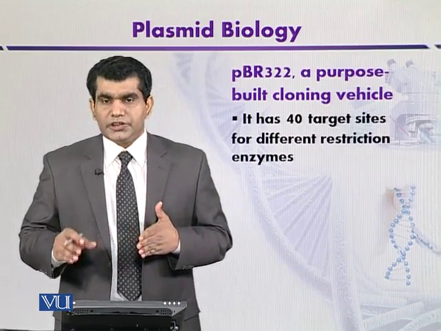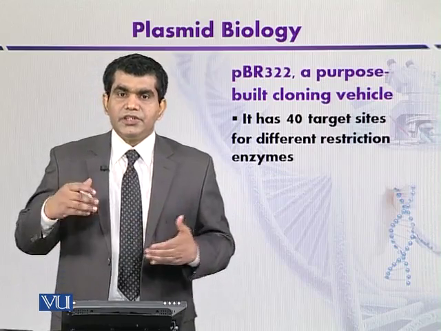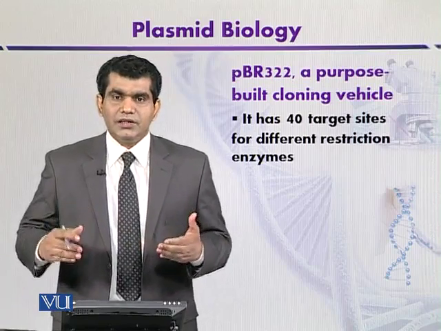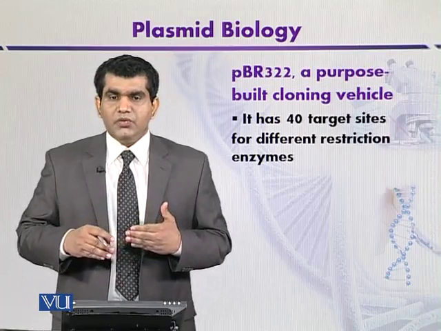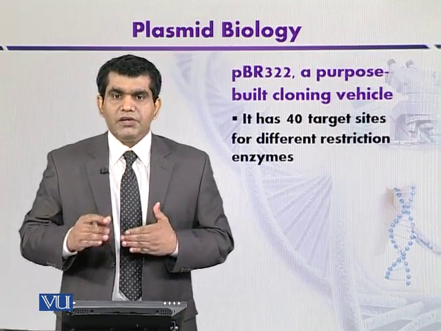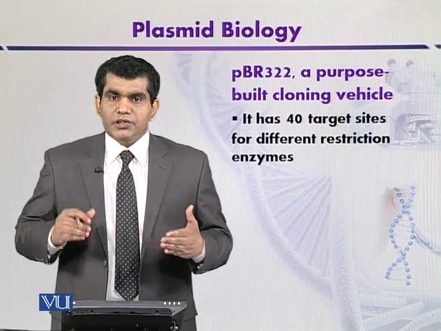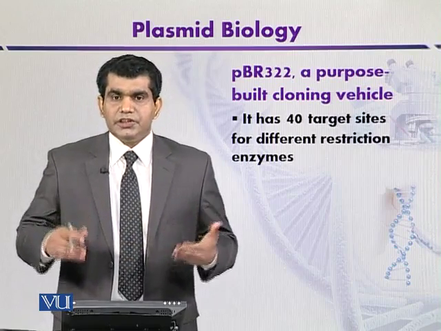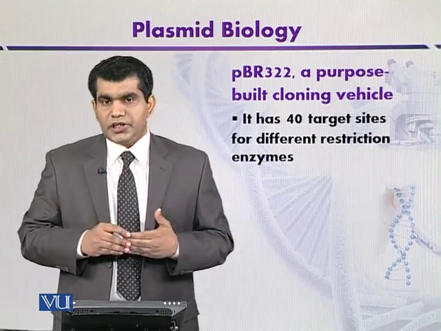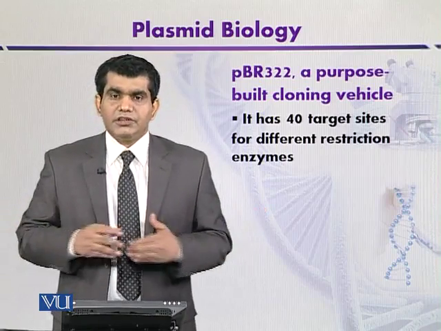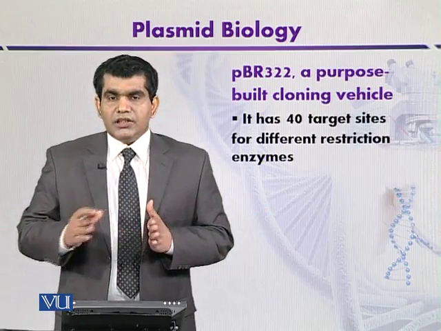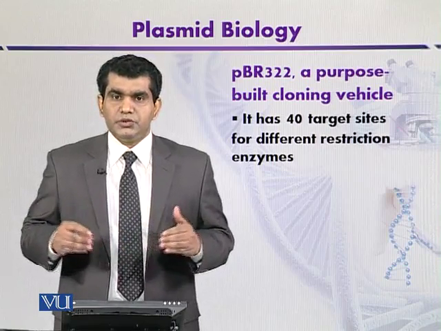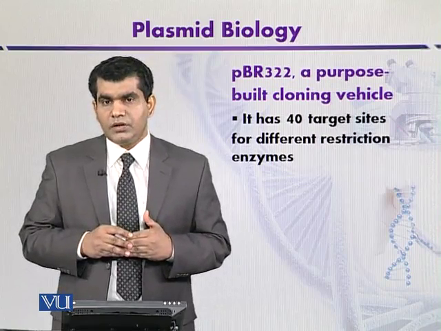In addition, two restriction sites are also present in the promoter of the tetracycline resistance gene. So we can say that the tetracycline resistance gene has overall around 13 restriction sites for different types of restriction endonucleases. Similarly, the ampicillin resistance gene also has around 6 restriction sites for different types of restriction endonucleases. Other restriction sites are present on other locations of pBR322, but they are not so useful.